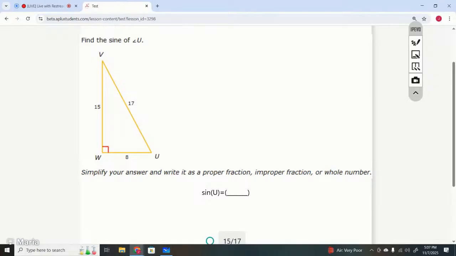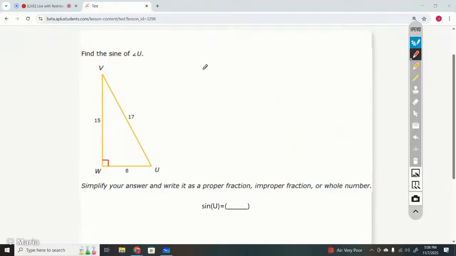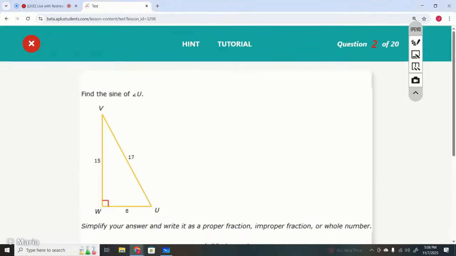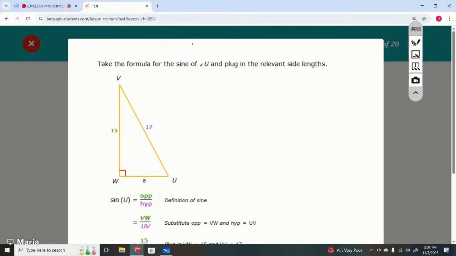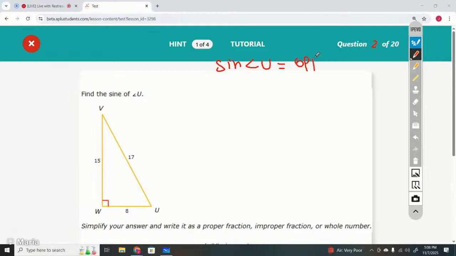Find the sine of angle U. Sine of angle U is, wait, sine U is opposite divided by hypotenuse.